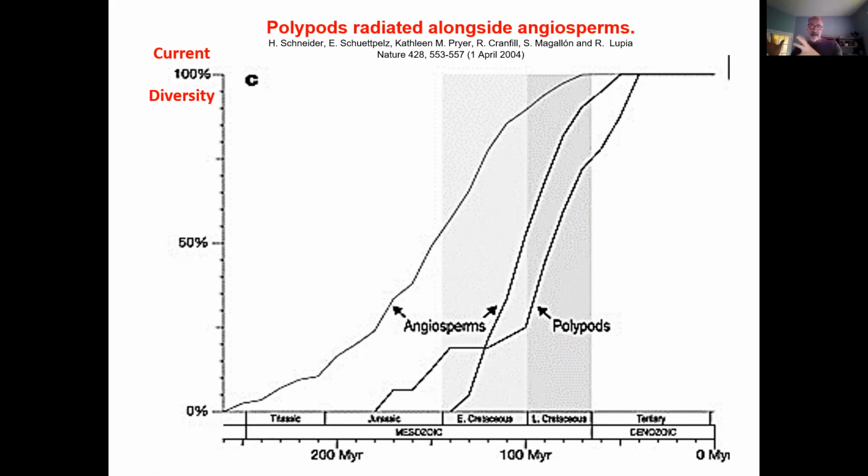The wavelengths that reach a forest floor are rather low energy red wavelengths. And it turns out polypod ferns have evolved a really interesting phytochrome system that allows them to be very good at harvesting red wavelengths of light. And so they have taken over the understories of flowering plant forests.